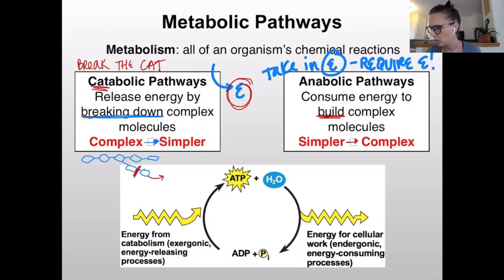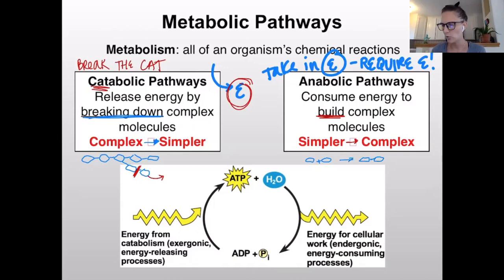For example, having two glucose molecules come together to form a disaccharide, that is anabolic. You have to add energy in there to create these bonds, right? So catabolic, breaking things down, releasing energy. Anabolic, building things up, requiring energy.